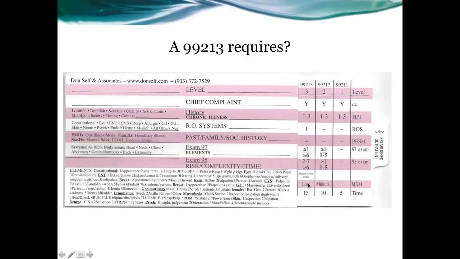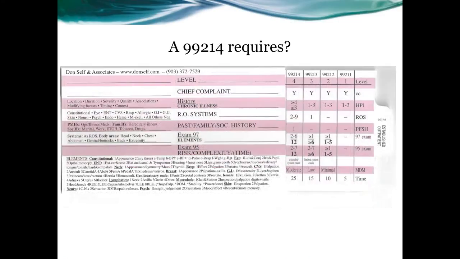And we're looking at low medical decision making. There's going to be another free webinar on my website, donself.com, to go over how to choose medical decision making. The slide will help you with the history and exam. And again, the time, 15 minutes, does not really matter on the normal visit, so we're talking here.